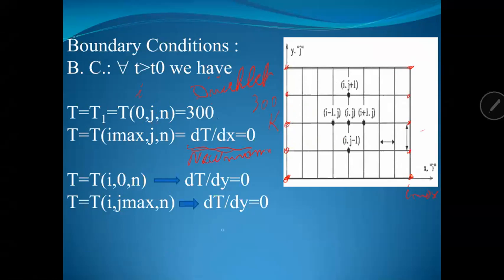What does dt over dx mean? dt over dx equal to zero means T(i+1, j, n) is equal to T(i, j, n). T(i, j, n) and T(i-1, j, n) means this equals this, this equals this, this equals this, adiabatic.